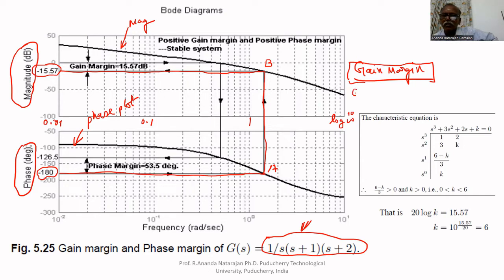Therefore, the gain margin equals minus of minus 15.57, which is 15.57 dB. That is the gain margin.